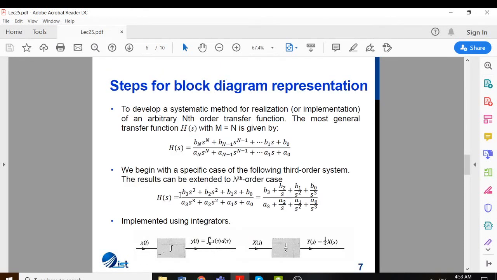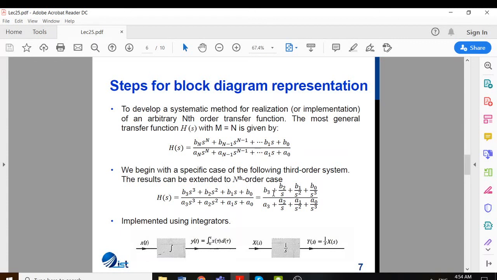So the steps we follow for block diagram representation can be outlined by, say, we have a transfer function which has the same order of the numerator and denominator. So this is our nth order transfer function with the same order for both x and y terms.